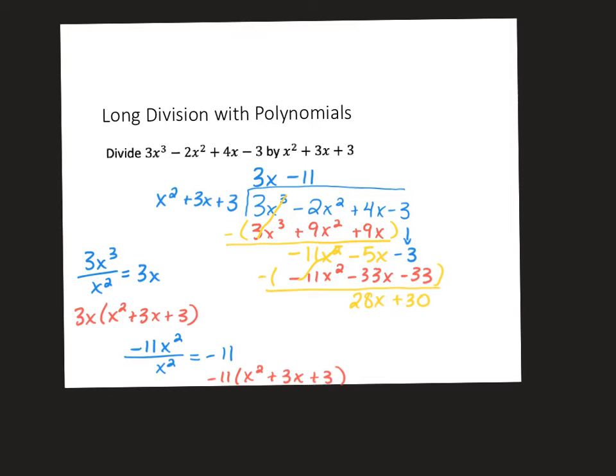At this point, if I were to try to divide 28x, which is linear, divided by x to the second power, which is quadratic, this is no longer reducible. Linears are a smaller degree than quadratics, so this is my remainder.